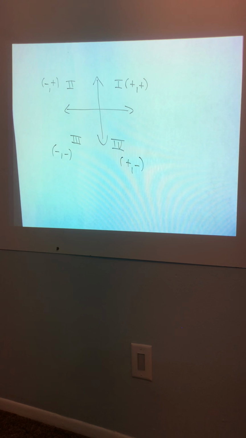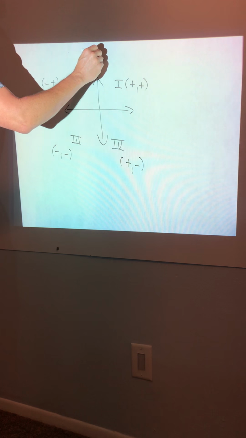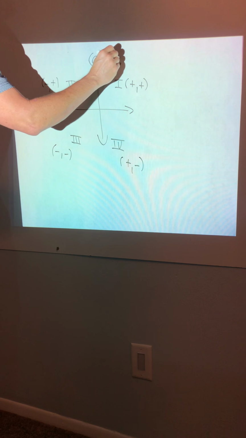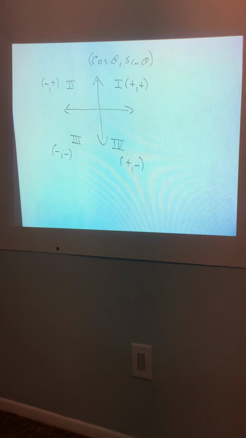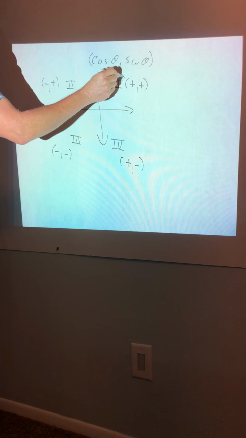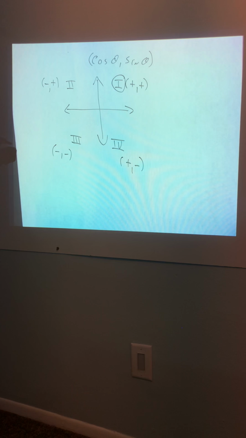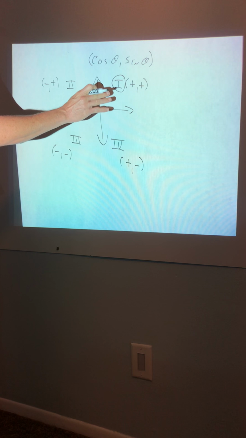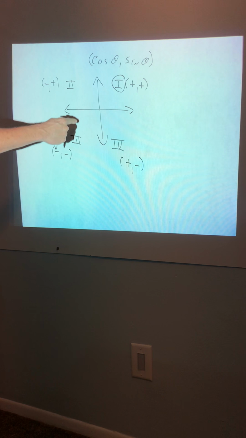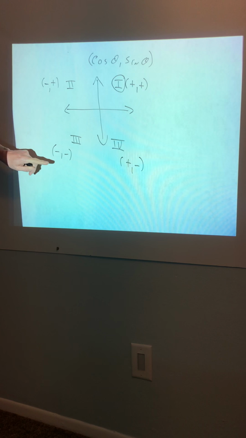Make sure you put cosine of theta, comma, sine of theta. You're going to memorize quadrant 1, and then those sets of order pair answers are going to repeat for 2, 3, and 4, except you're going to follow these signs.